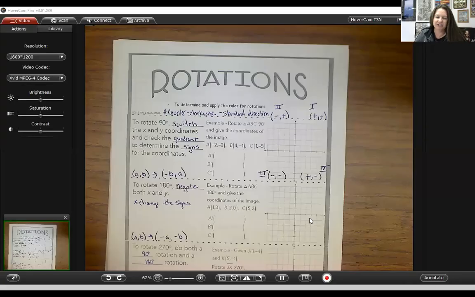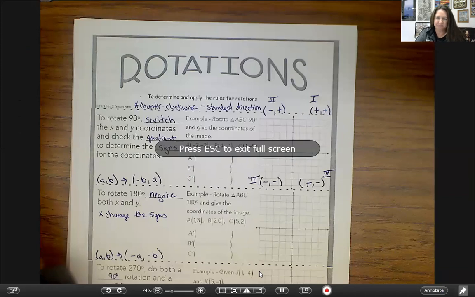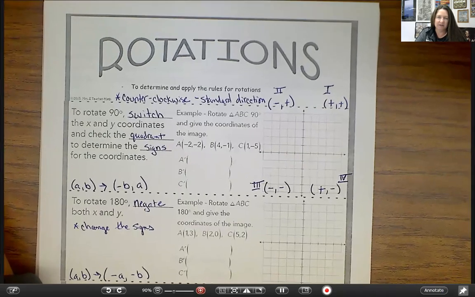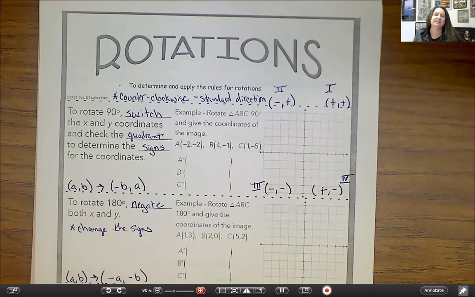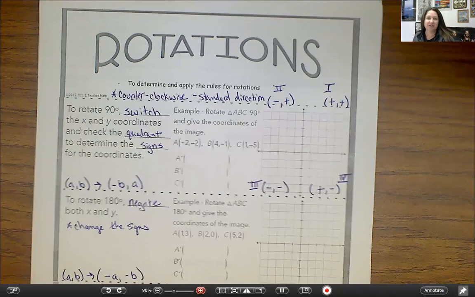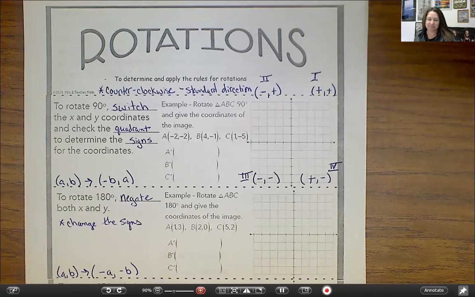At a little note sheet here we have on rotation. All right, make this a little bigger so we can see. With rotations, the first thing that you need to keep in mind is that when we talk about a standard direction for rotations, we're talking about counterclockwise.